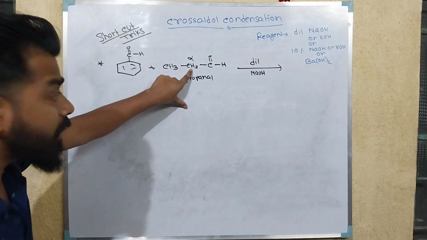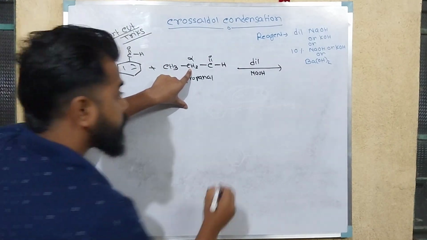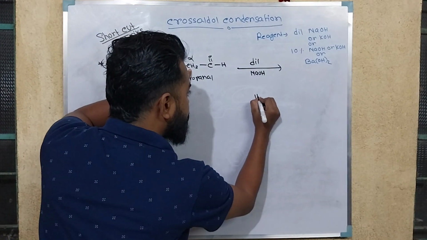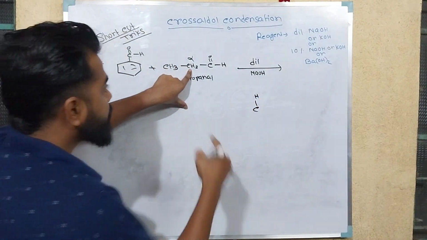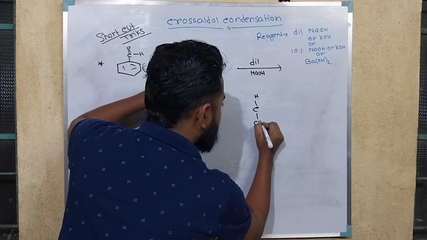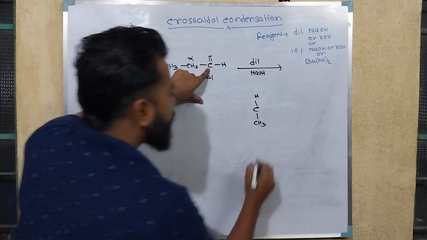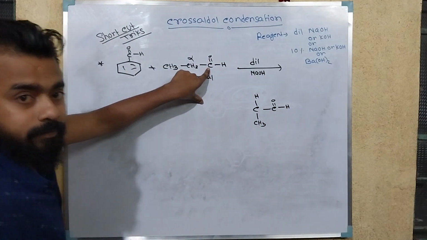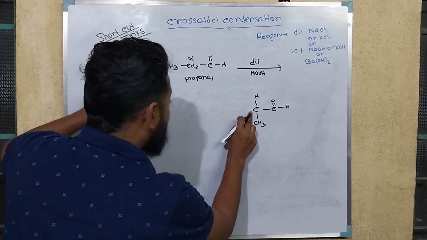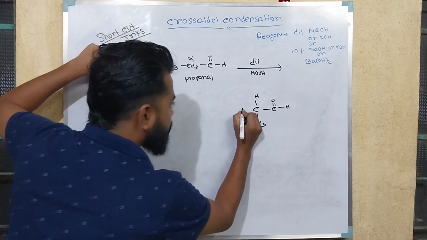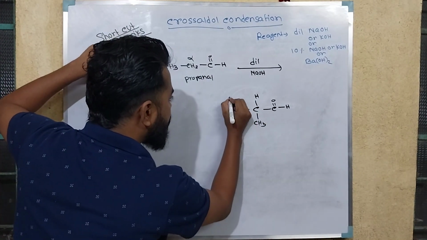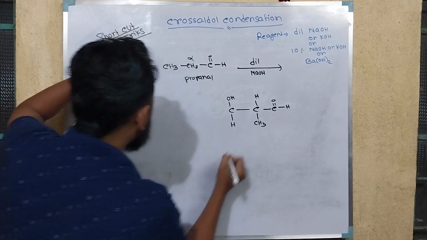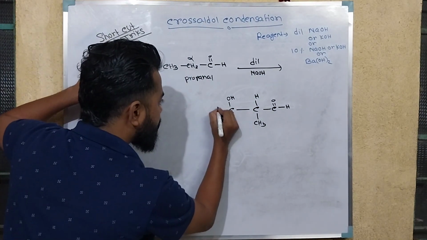So we write 1 alpha hydrogen less this carbon. C, 1H, because 1 alpha hydrogen less, 1 CH3, C double bond O H. This carbon attached with this carbon. This is OH, 1H, 1 phenyl ring.